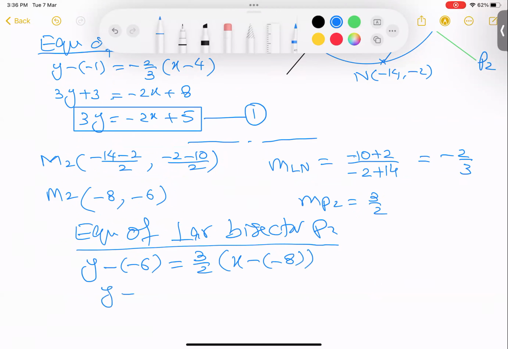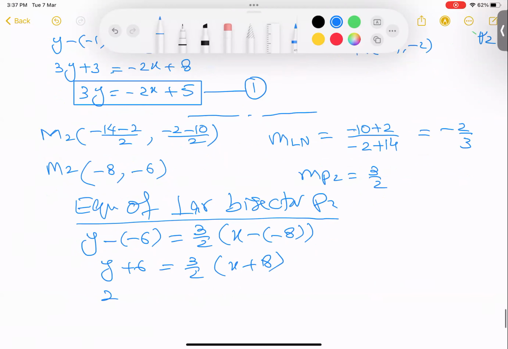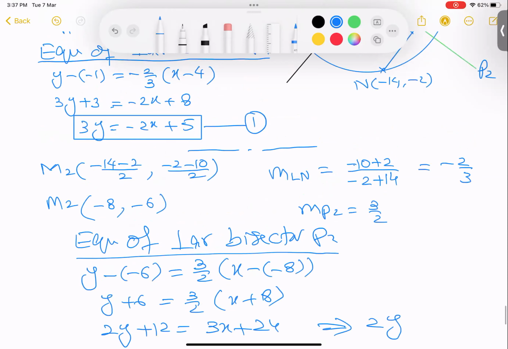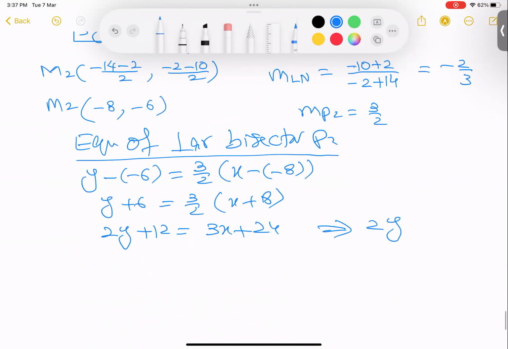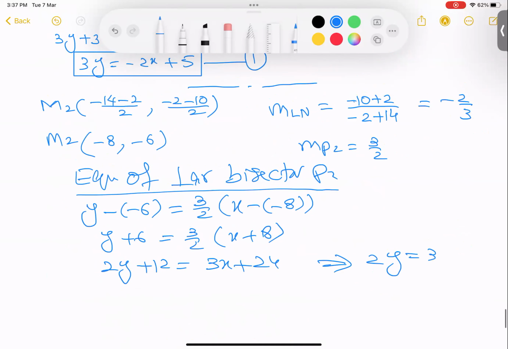So y plus 6 equals 3 by 2 times x plus 8. 2y and 2 sixes are 12, and 3x and 3 eights are 24. Final form, I get 2y is equal to 3x plus 12. Recheck again, 2y. Yes, 24, correct. Equation number 2 done.